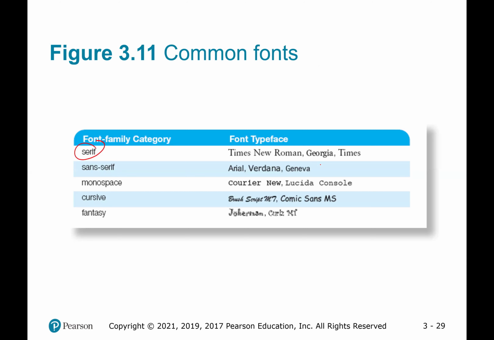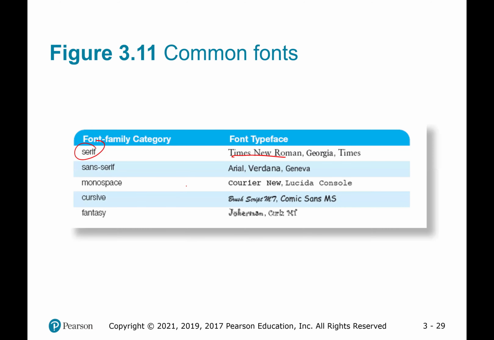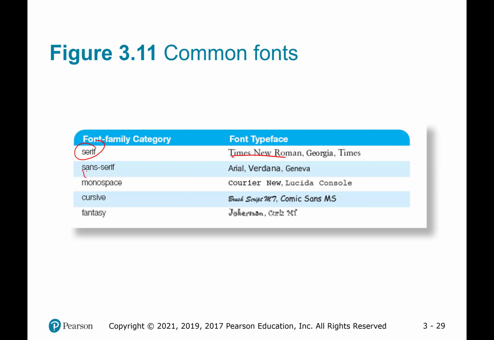So why do we use a font family category instead of just directly mentioning the font type? This is the reason, because not everyone has the same fonts installed on their computer. So if we put font family, say Arial, what's going to happen is it will try to find the Arial font, Verdana font, and finally you can see the one type of font family I mentioned, sans serif, right?